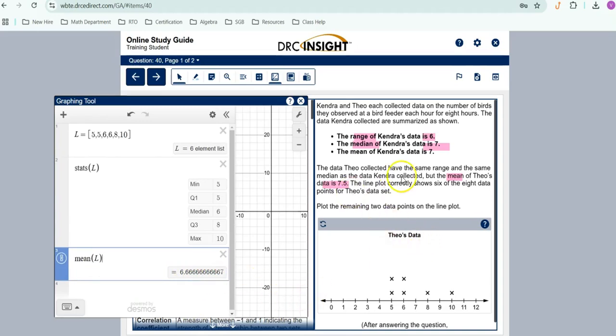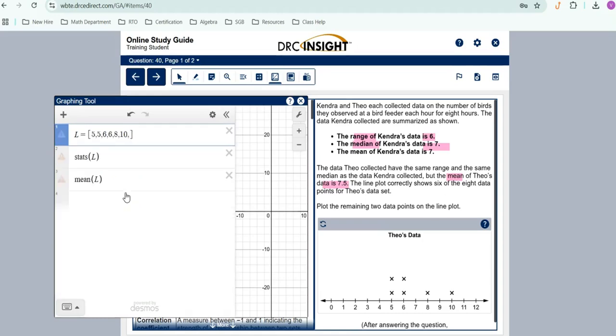So we need to raise the range, the median, and the mean. We need to put in numbers that are on the higher side instead of the lower side. I'm going to start by putting in a number.